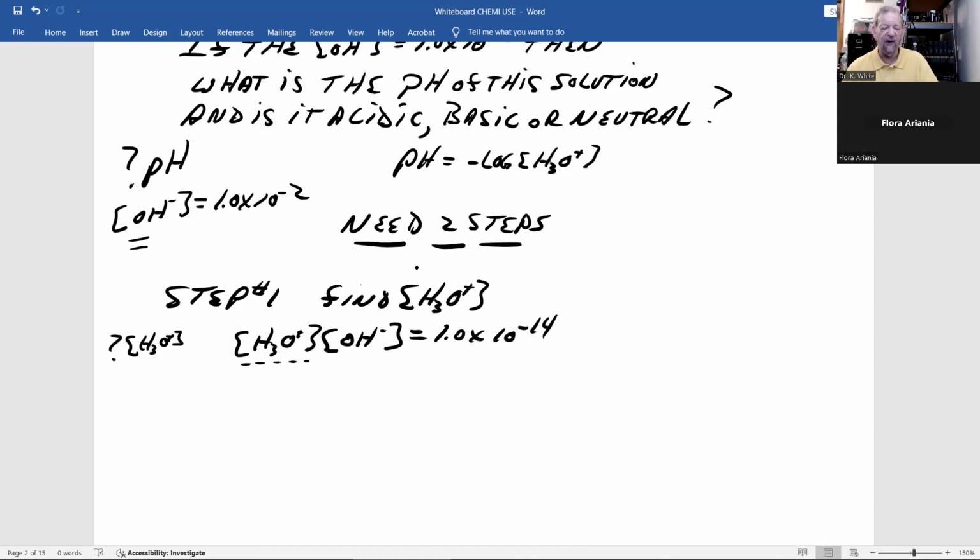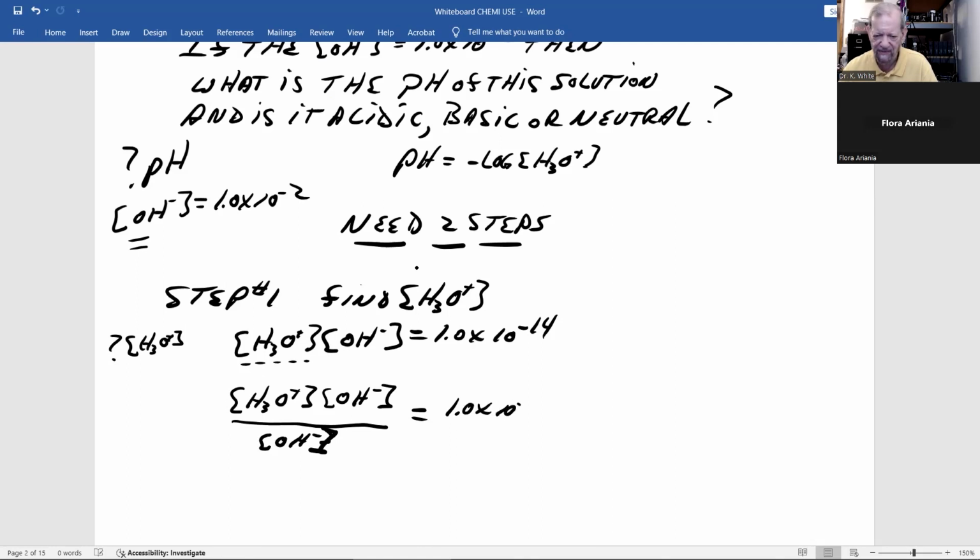Well, how do we get rid of OH minus? Well, anything divided by itself is the number 1, and 1 times anything is that thing. So you've gotten rid of it. So I'll divide this side by the hydroxide ion concentration. Whatever you do to one side, you have to do to the other.